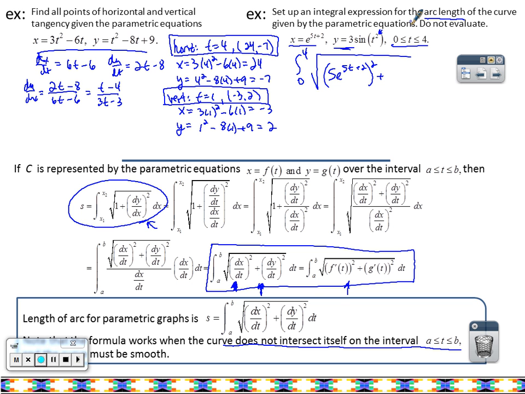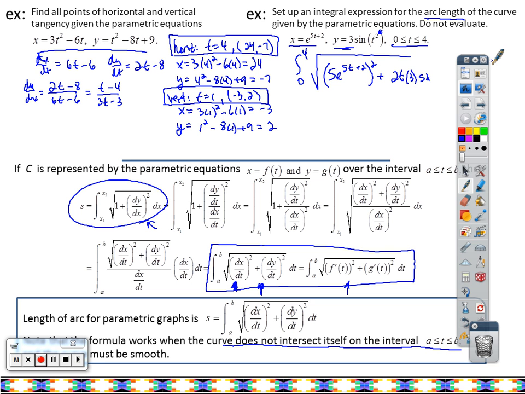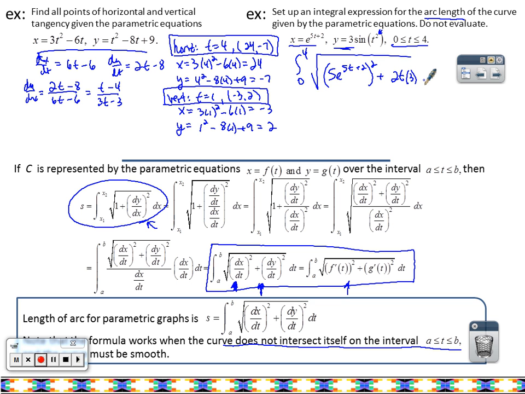So it's going to be 3 times 2t, so 6t, times cosine of t squared, all of that squared, dt. So we're just setting up the integral. We're not going to evaluate it or stick it in our calculator. Okay, is everybody okay with that?